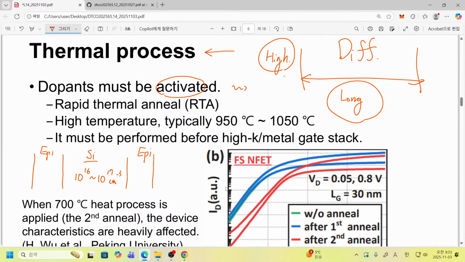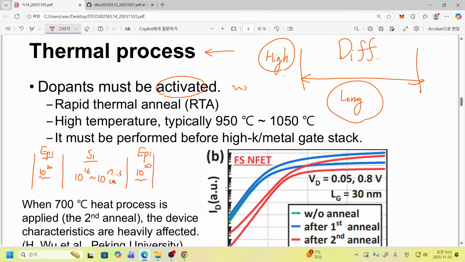Now we introduce the epitaxial region. Here the order of our impurity concentration is certainly higher than 10 to the 20, but they are not activated.